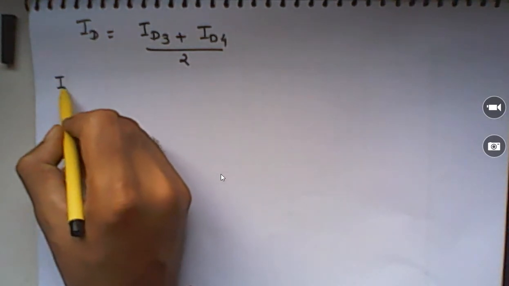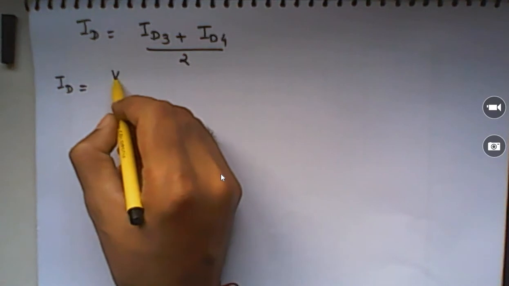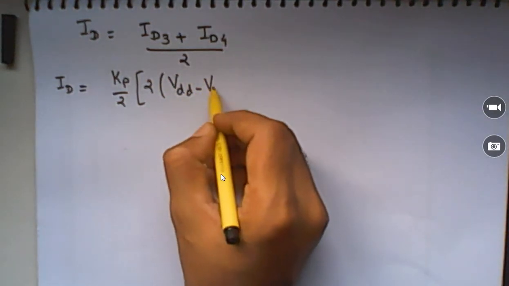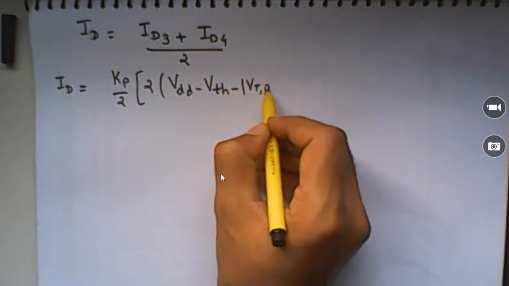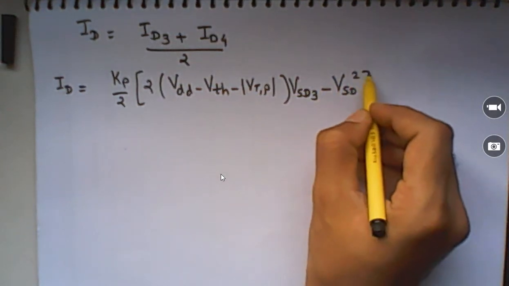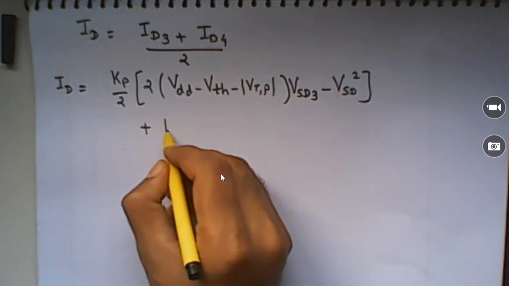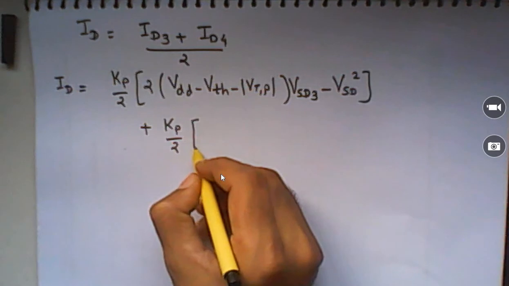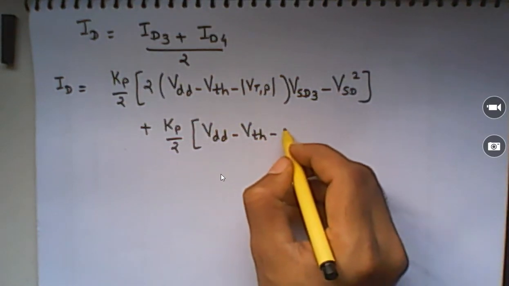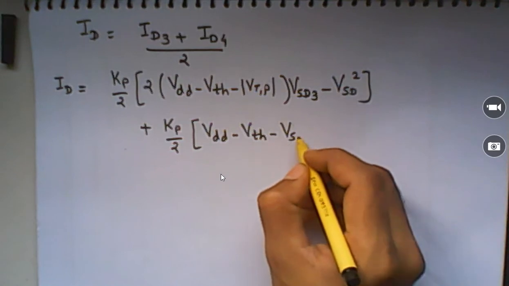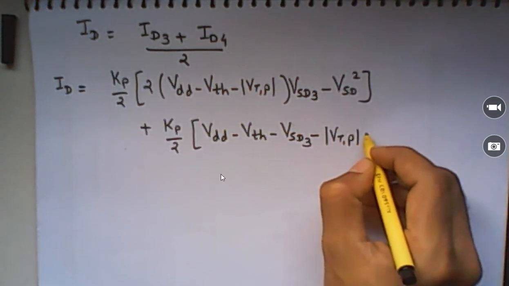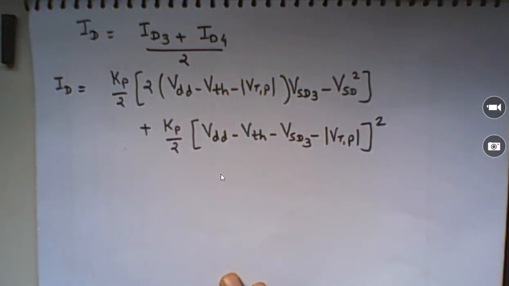So ID is equal to ID3, which is Kp by 2 into 2 times VDD minus VTH minus the magnitude of VTP into VSD3 minus VSD3 squared, right, plus ID4, which is Kp by 2 into VDD minus VTH minus VSD3 minus VTP, squared.